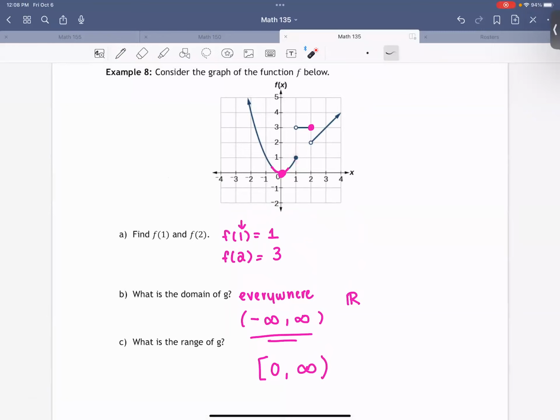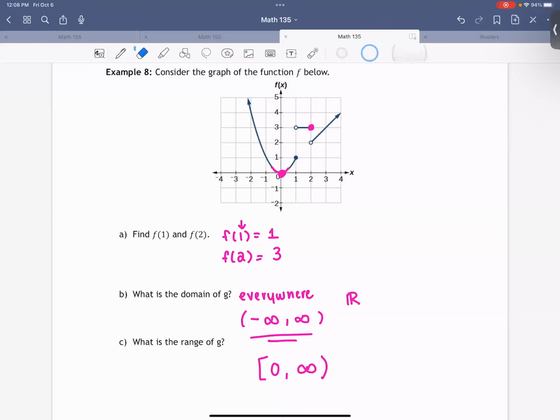Yeah, but if this was an open circle, then you'd have to break it up. Same with here. If this is an open circle, then you'd have to break it up. But we're not really going to go too far in this class. I think we're just going to stick with the basics for domain and range unless we really need it. Yeah. All right. Any other questions on domain and range?